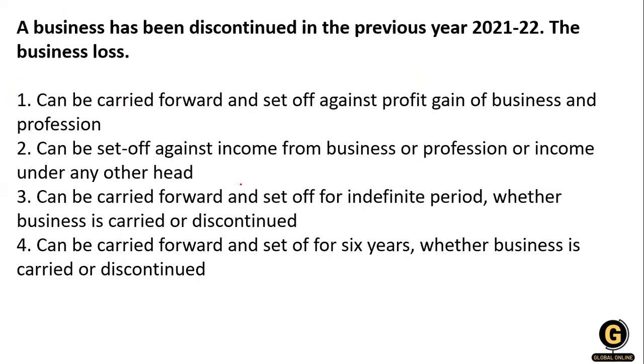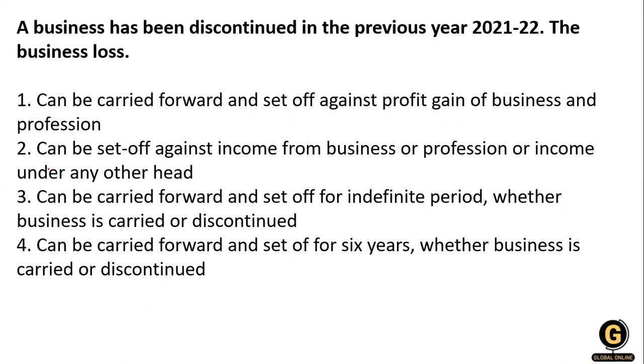Clear? Now, a business has been discontinued. This is the next question. A business has been discontinued in the previous year 2021-22, with a business loss. Statement 1: it can be carried forward and set off against the profit and gains from the business.